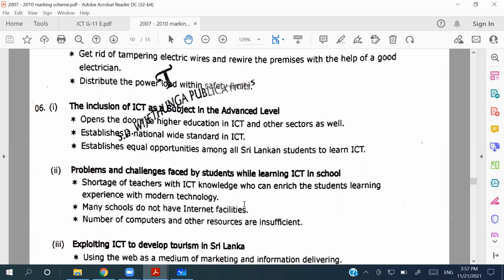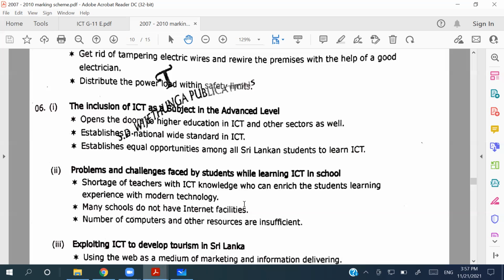What else? Establish equal opportunities among all Sri Lankan students to learn ICT. Yes. So it is about physically meeting and doing a class, or doing the discussion. Since it cannot be physically interacted, they have to have a particular plan to interact the teacher and the student somehow, right?